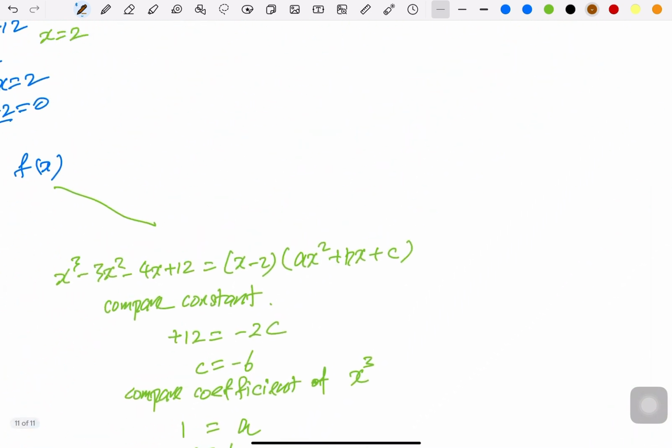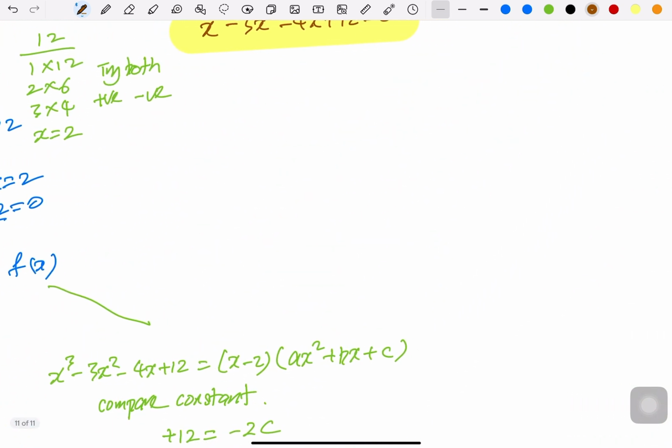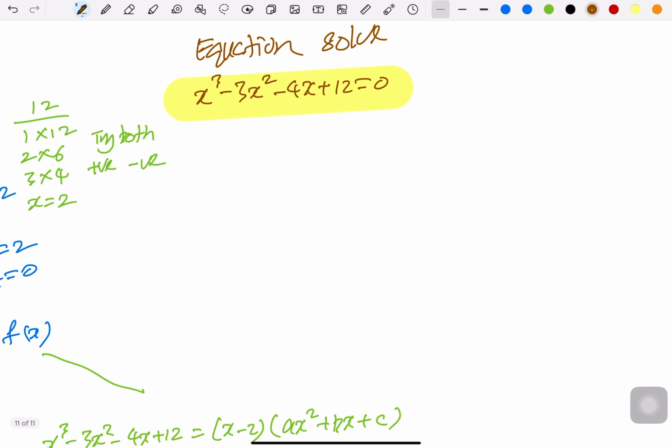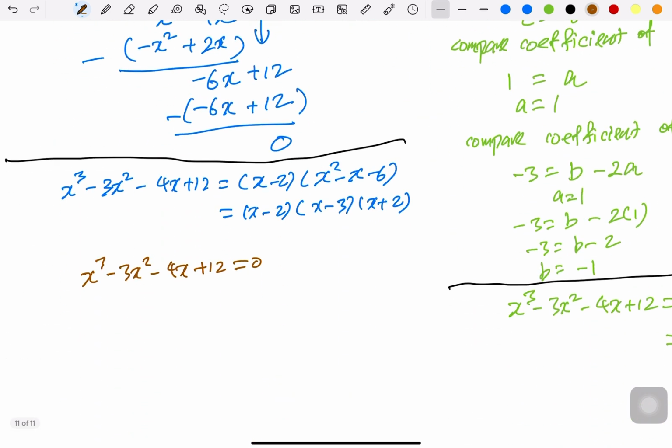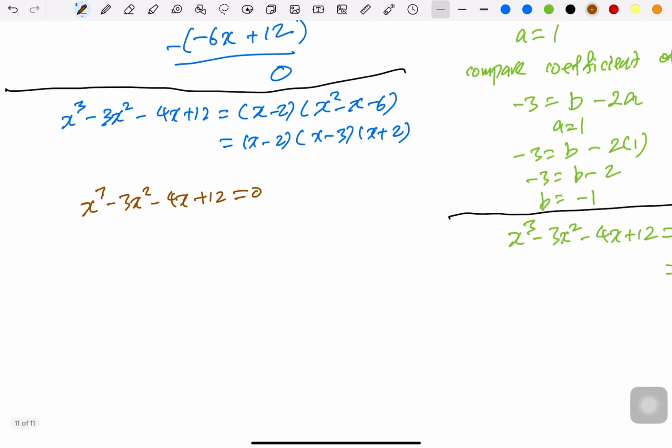Because we are trying to solve the equation, I'll rewrite the equation here. After the long division, I know that this cubic equation, or rather the expression here, can be rewritten in this form.